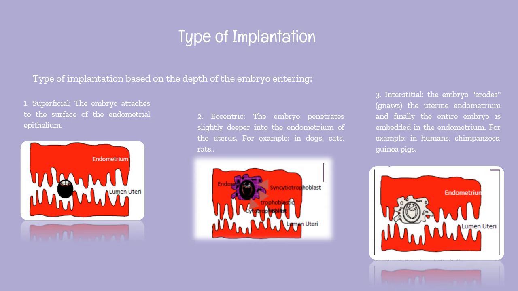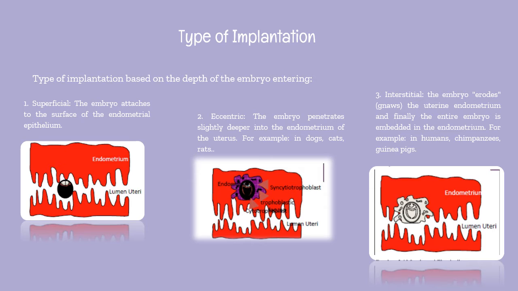Types of implantation based on the depth of the embryo entering. First, superficial: the embryo attaches to the surface of the endometrial epithelium. Second, eccentric: the embryo penetrates slightly deeper into the endometrium of the uterus, for example in dogs, cats, and rats.